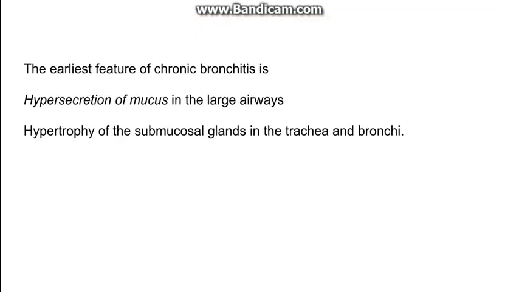The changes which are seen in chronic bronchitis are mainly two. There is hypersecretion of the mucus and there is hypertrophy of the submucosal glands. Now this hypersecretion of the mucus is responsible for the airway obstruction seen in chronic bronchitis.